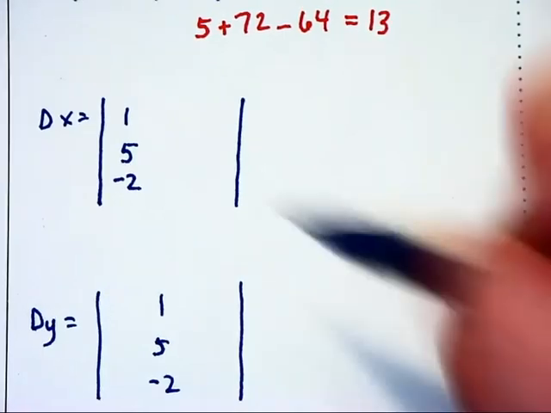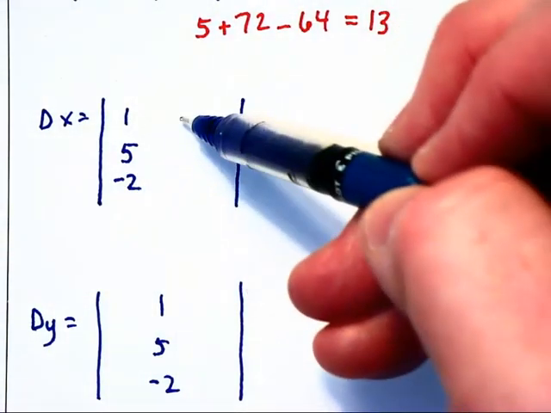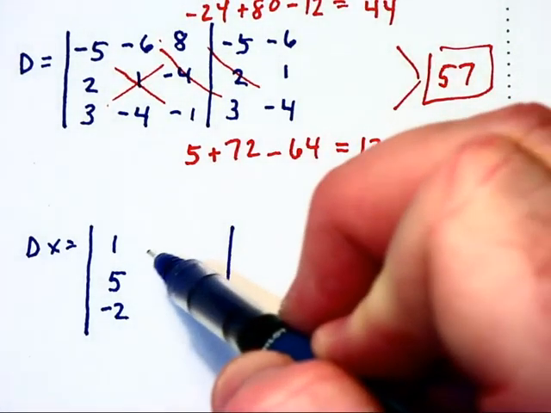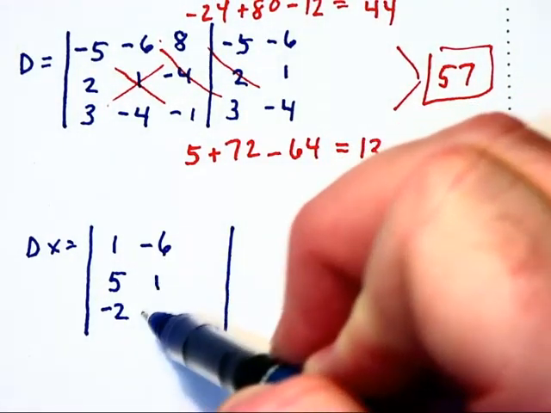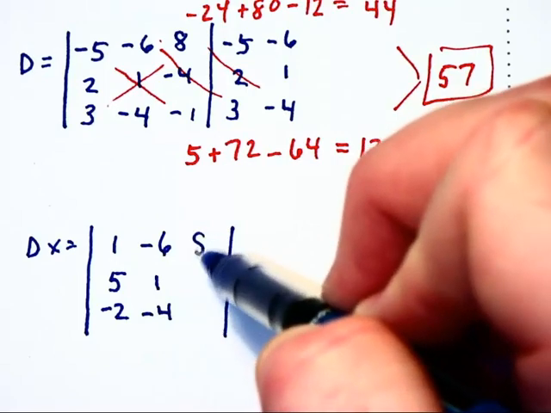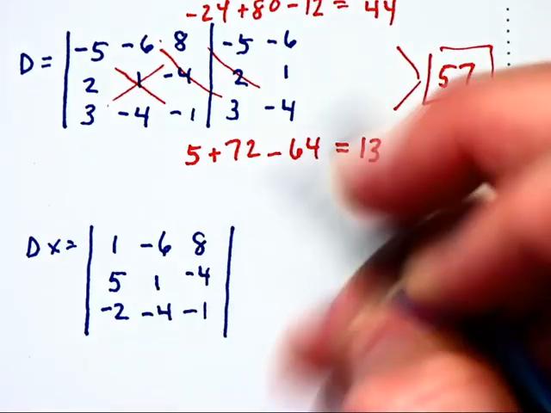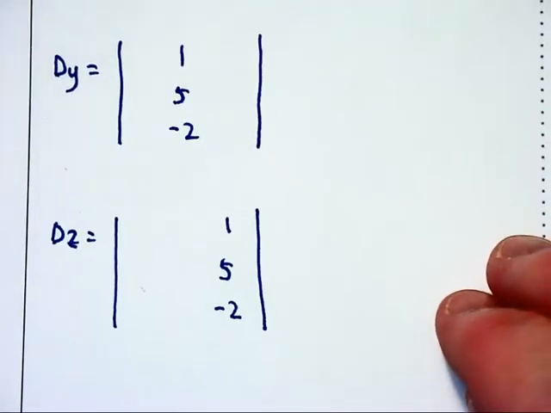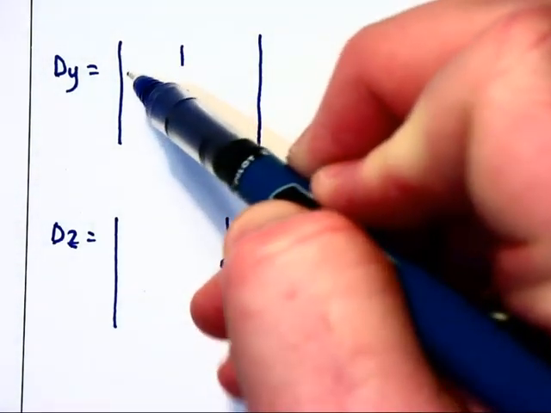Now dx, I've got the first column filled in. I need the second and third column, which I can find right up above there, to be -6, 1, and -4, 8, -4, and -1. For dy, I'm missing the first and the third column. So I go back to the original problem.